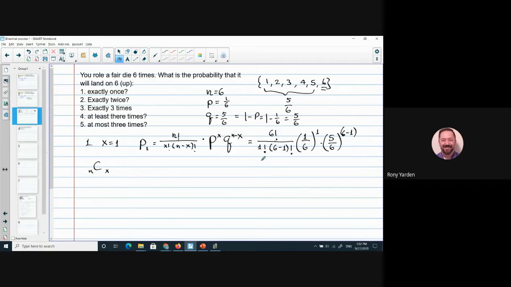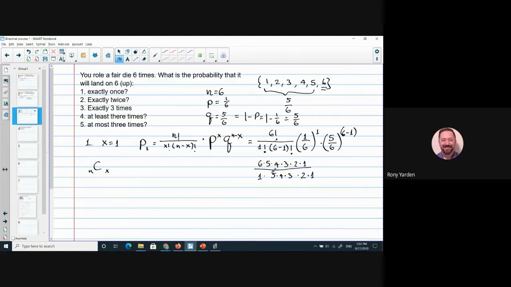6 factorial equals 6 times 5 times 4 times 3 times 2 times 1. 1 factorial just equals 1. And 6 minus 1 is 5 factorial, which equals 5 times 4 times 3 times 2 times 1.